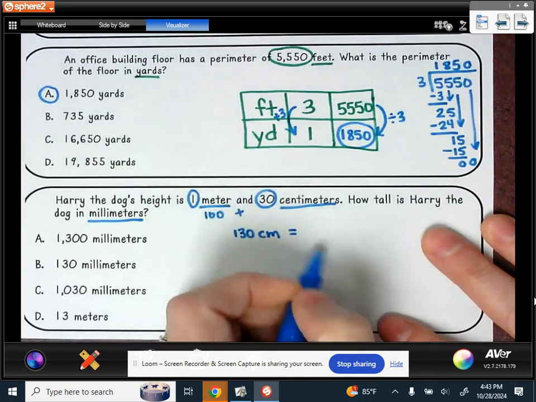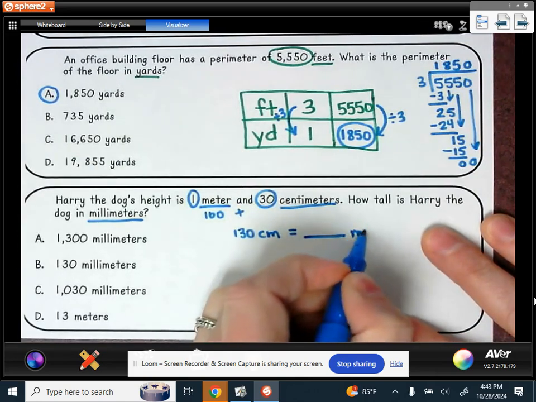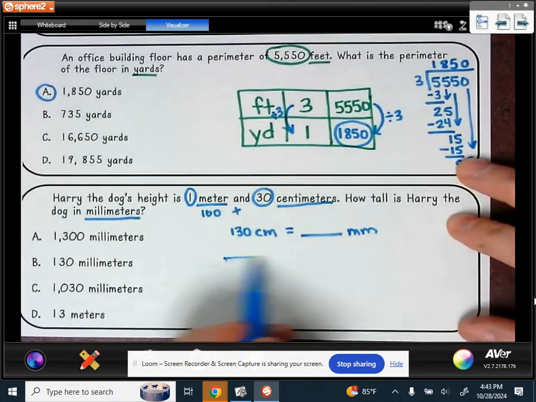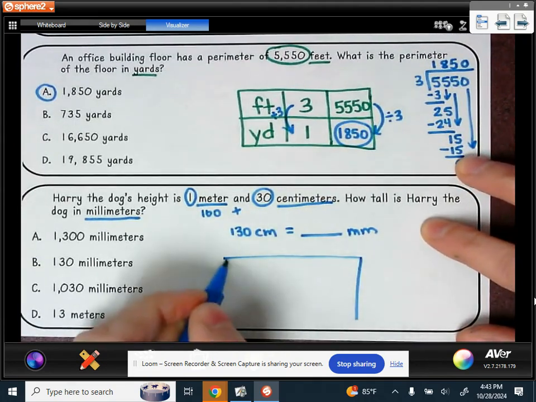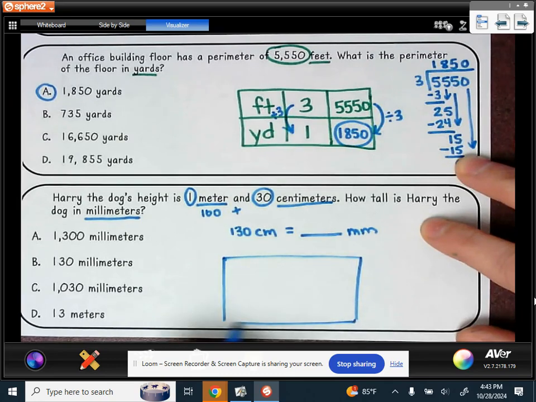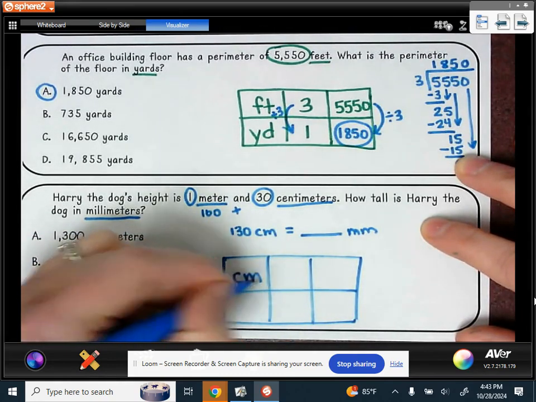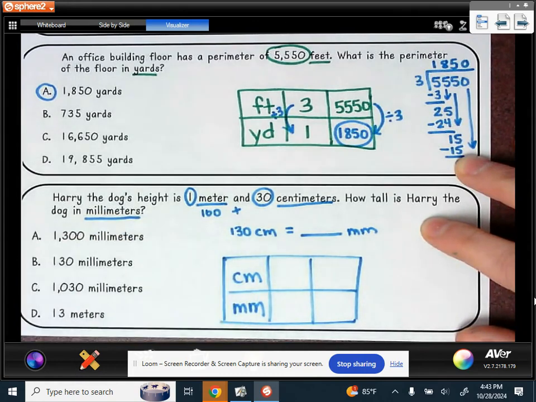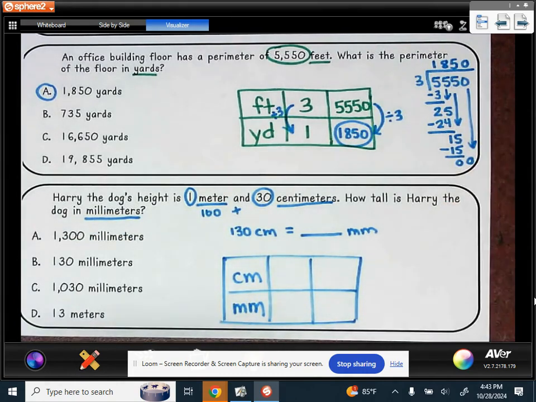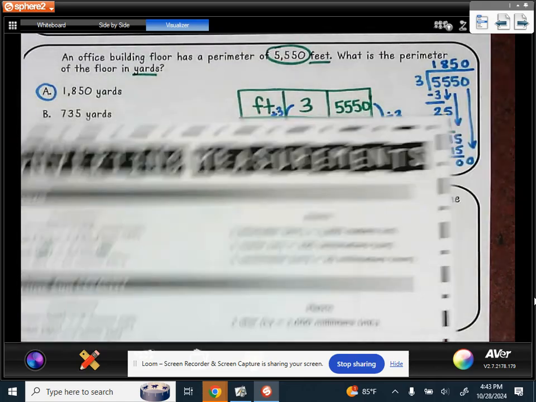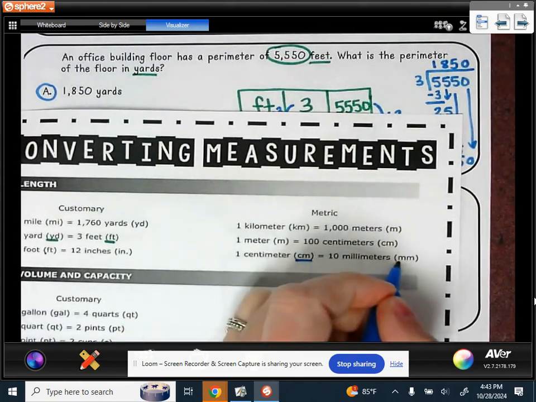That's what we're trying to figure out, how many millimeters it is, right? So I'm going to go ahead and draw myself a box going from centimeters to millimeters. And again, cm and mm are the abbreviations that they use on the chart. So cm and mm.